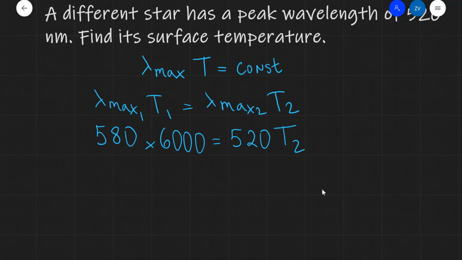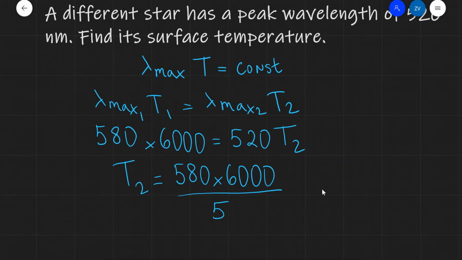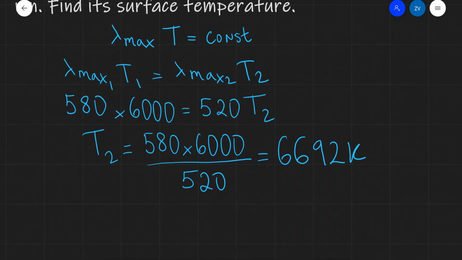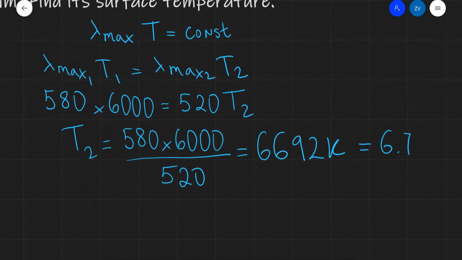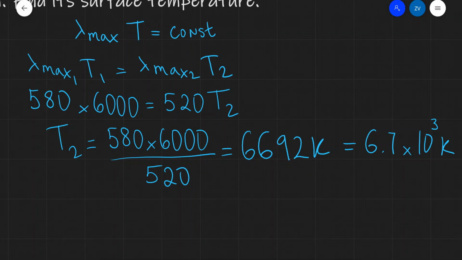So all I need to do really is just rearrange for T2, which is going to be equal to 580 times 6,000 divided by 520, and if I put this into a calculator, I'm going to get 6692 Kelvin, which up to two significant figures will be approximately equal to 6.7 times 10 to the power of 3 Kelvin.